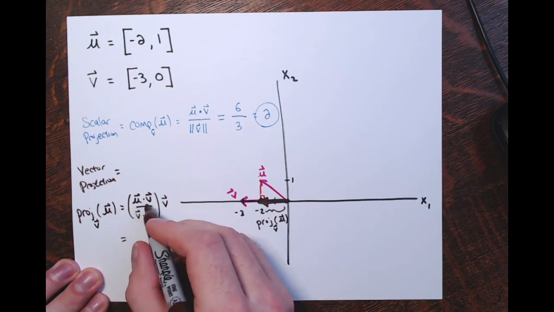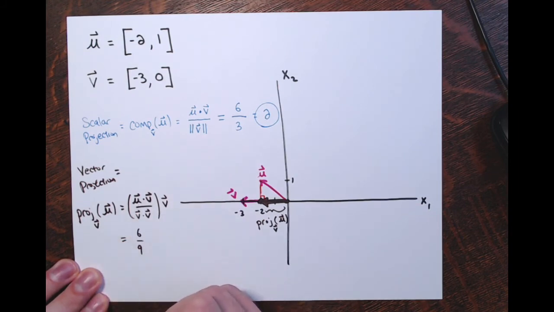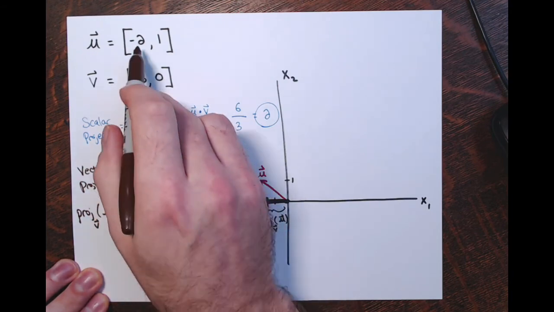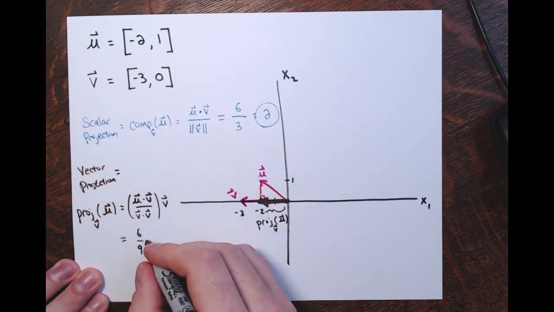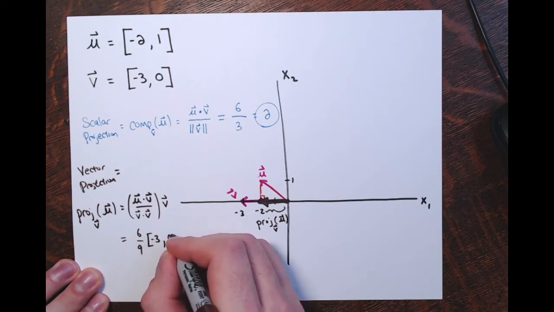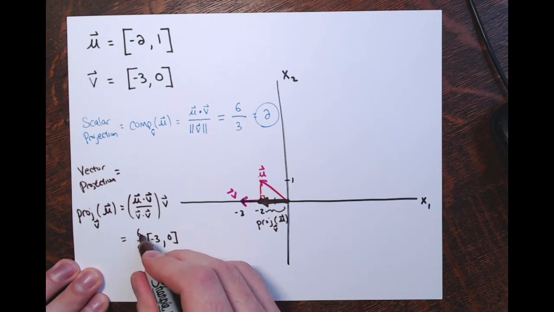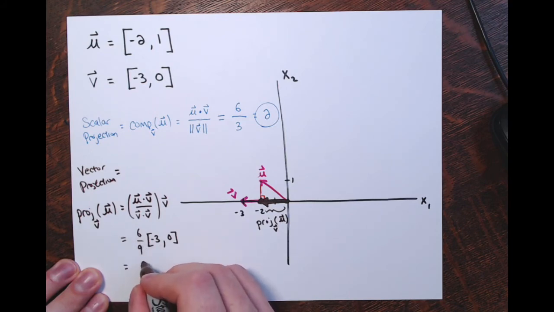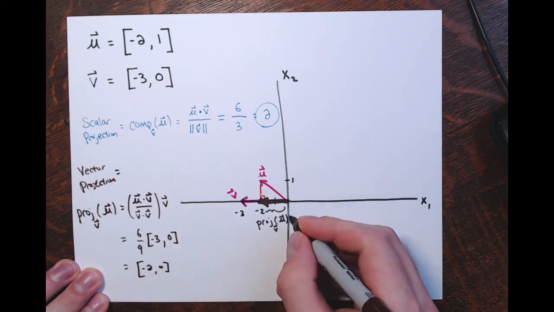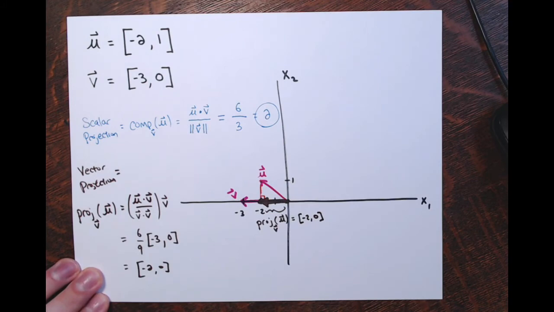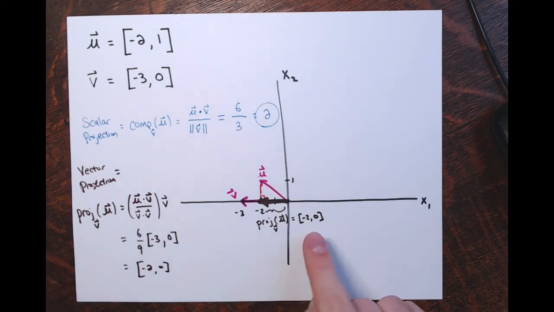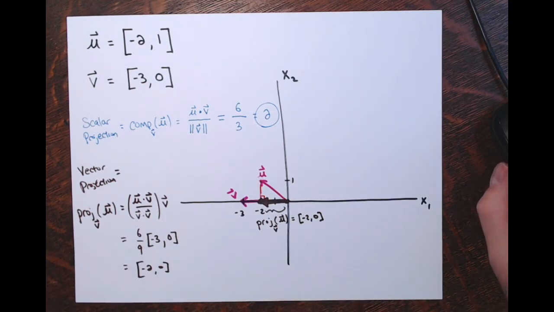So this is 6 divided by 9. U dot v is 6, v dot v would be 9, times vector v, -3, 0. 6/9 is 2/3. 2/3 times -3, 0 would be -2, 0. So this vector I've drawn here is the vector with components -2, 0, and obviously it has a length of 2 units.